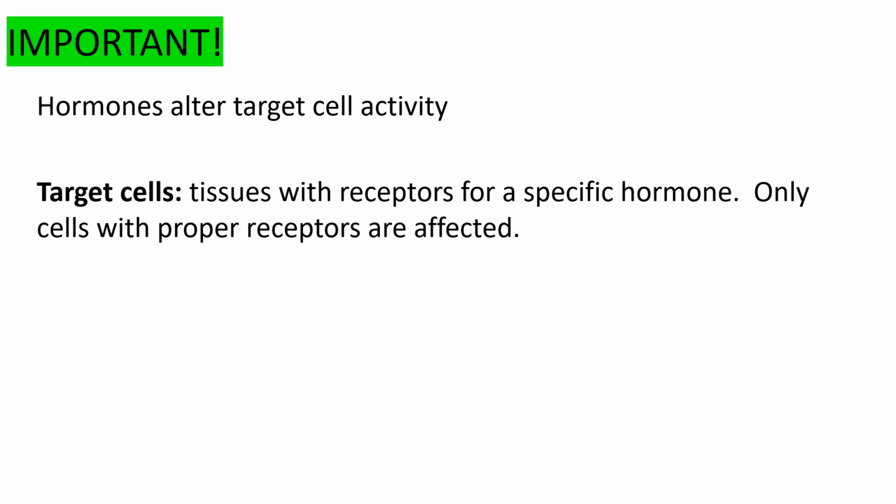Tissues that consist of target cells are tissues that have receptors for a specific hormone. If those receptors that are present are not compatible with the particular hormone, then the hormone will not be able to alter the target cell's activities, okay? Only cells with proper receptors are affected.